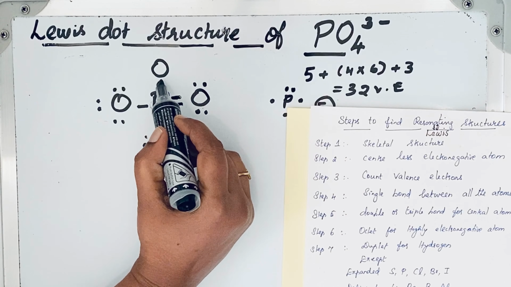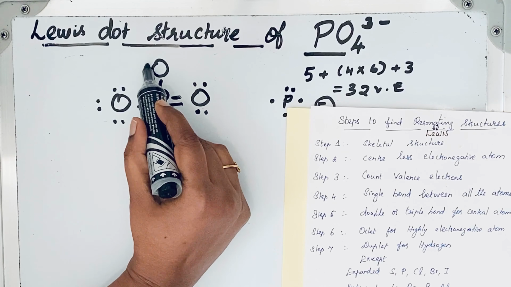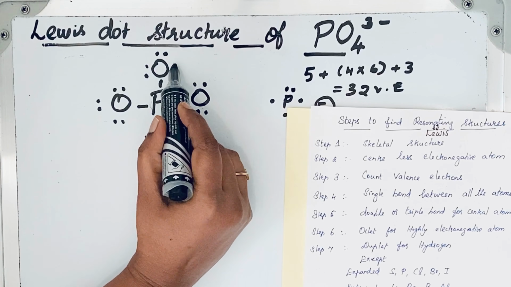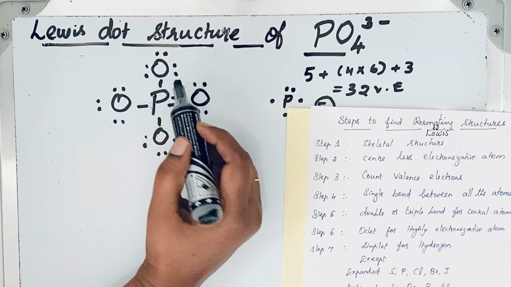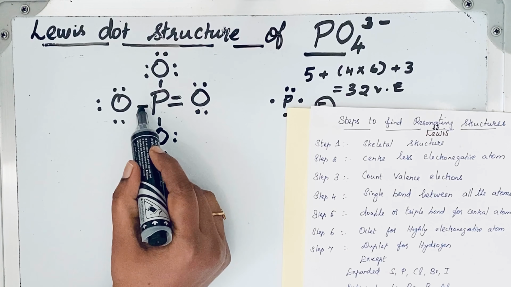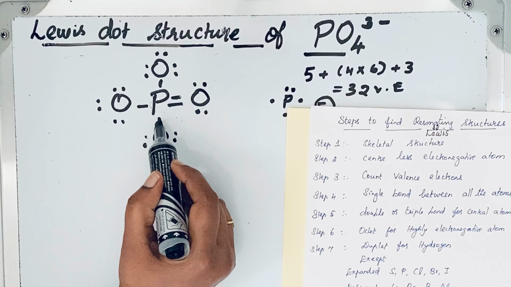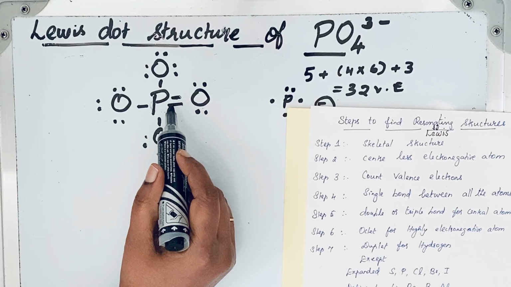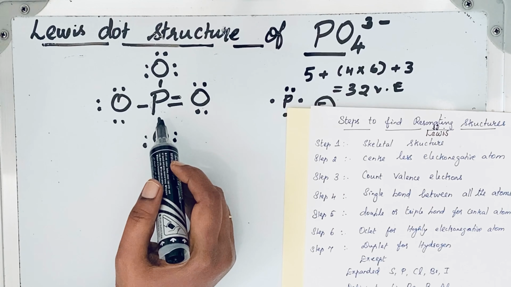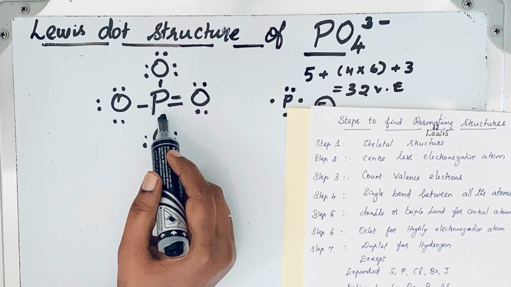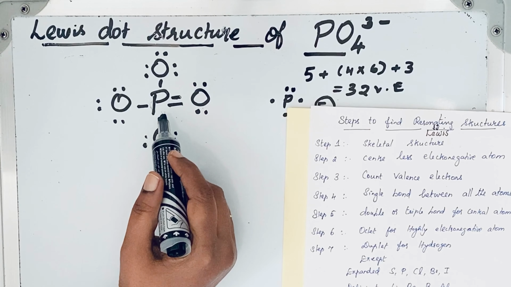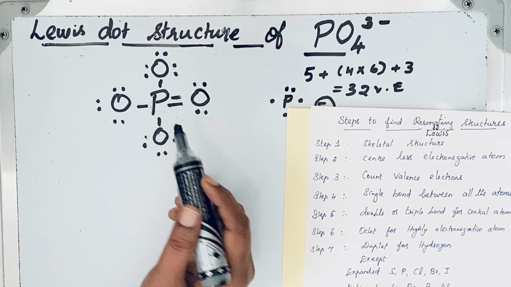Now come to here. Only a single bond, so 2 electrons, so 4, 6, 8. So the octet is completed. Now check phosphorus: 2, 4, 6, 8, 10. So 10 electrons are present, but phosphorus is an exceptional case, so it can take more than 8 electrons.